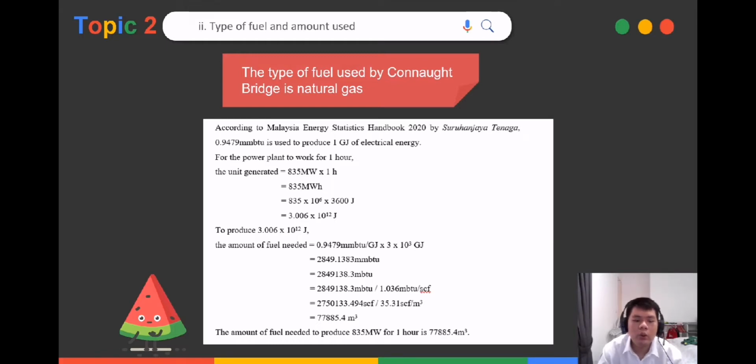Which means that for the Corner Bridge Power Plant to produce 800 megawatts for 1 hour, the amount of fuel needed is 77,885.4 cubic meters.